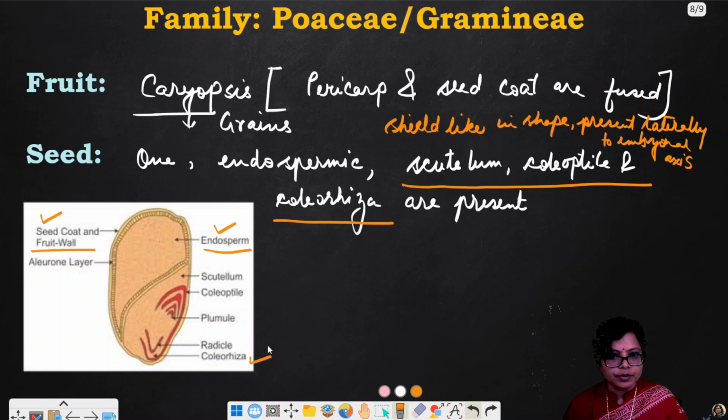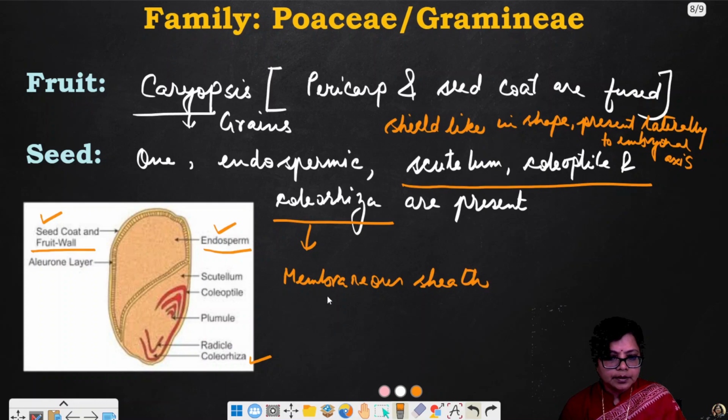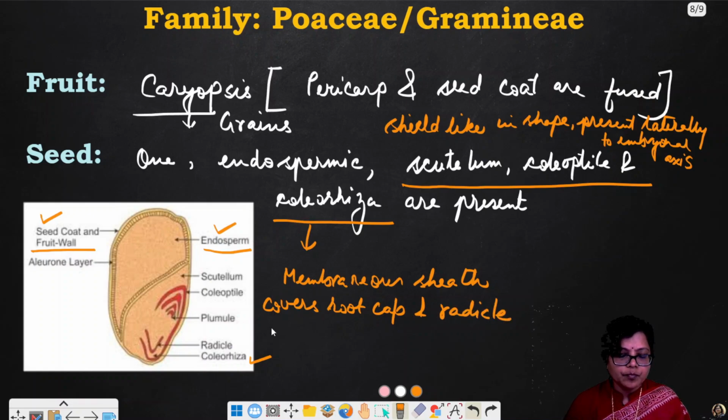which is called coleorhiza. So coleorhiza, membranous sheath which covers root cap and radicle. Points to be remembered.